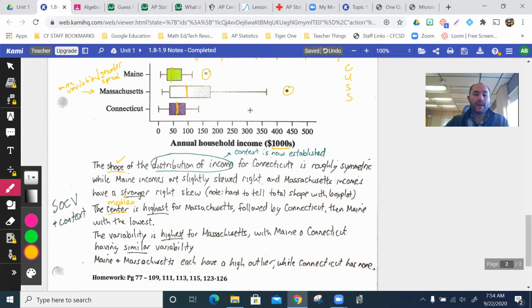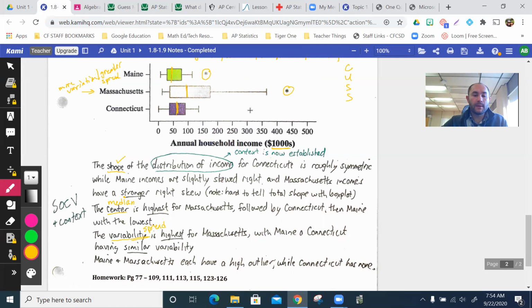The variability is highest for Massachusetts, with Maine and Connecticut having similar variability. The reason they say it's highest is because of the length of this box right here, but the whole plot is just definitely more widely spread out. So one thing I would add here, so this is variability, this is spread.